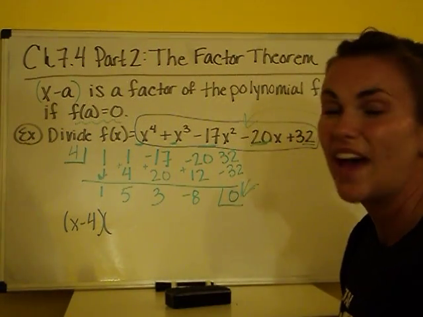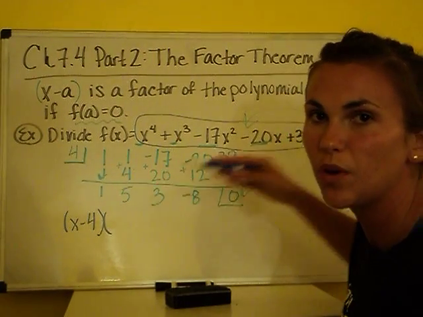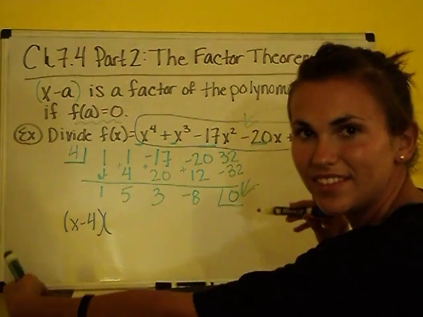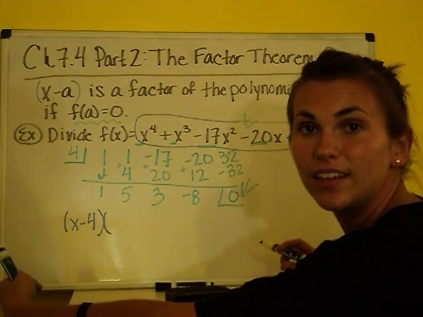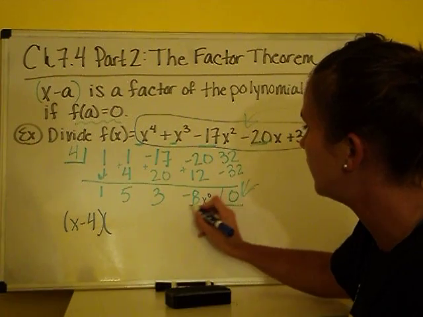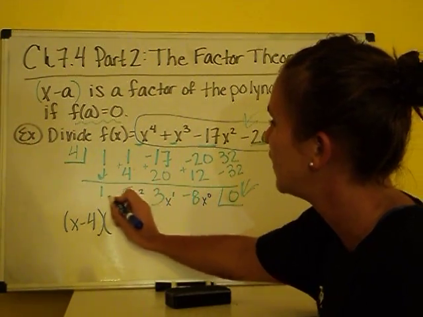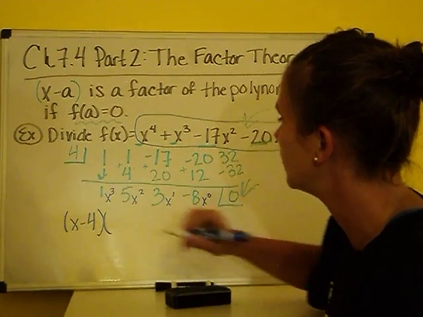If that is the case, we work backwards with the numbers here. We're going to go from right to left and increase in degree. So this first one is going to be an x to the 0, and then this is an x to the 1, and then this is an x squared, and then this is an x cubed.